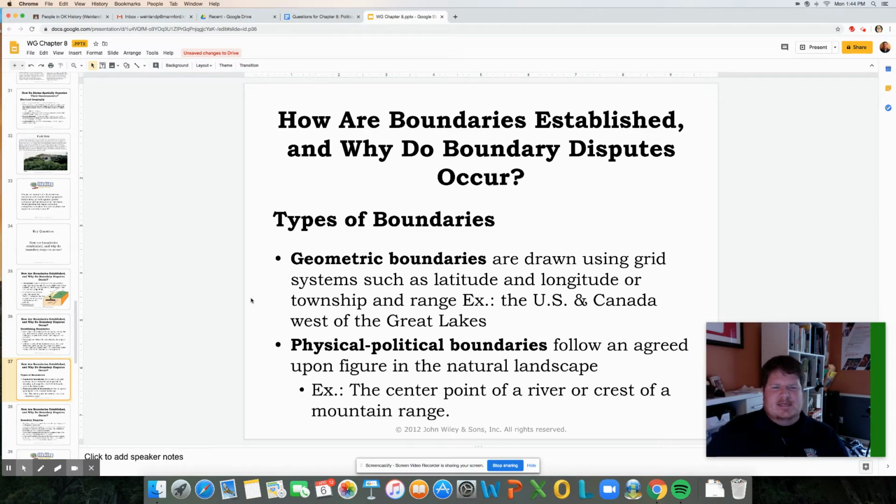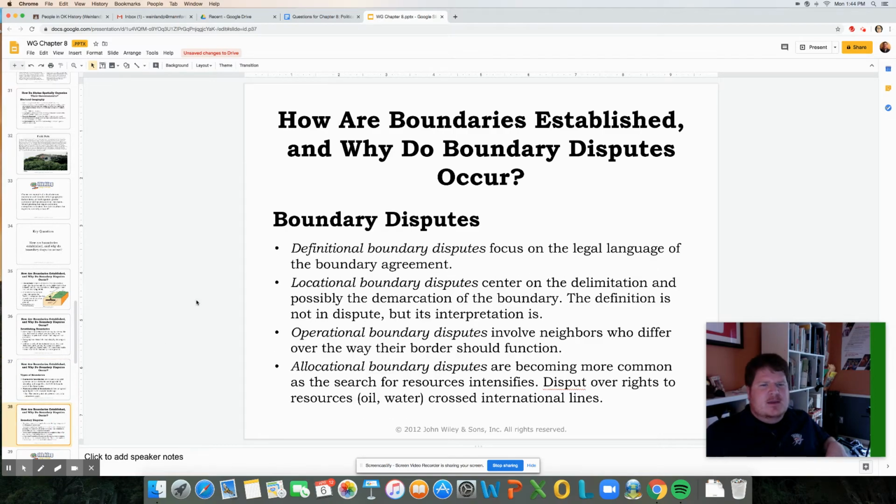We have grid systems based on longitude, latitude. Physical, political boundaries. So determining what exactly, based on the landscape, natural landscape dictates our land, their land. Sometimes it'd be like a crevice or a mountain range, a river, like the Red River separates Texas and Oklahoma.